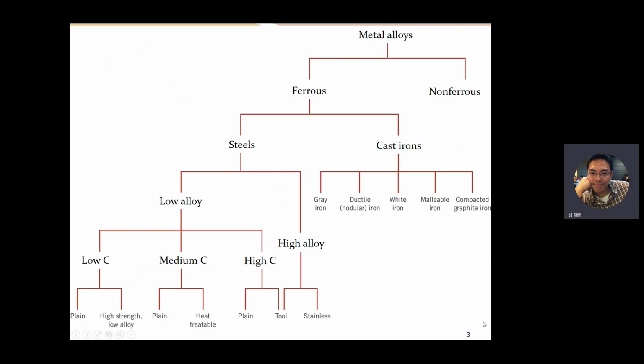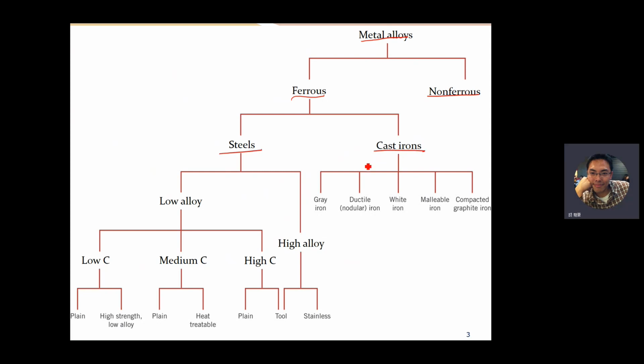So let's look at this chart. It shows the categories of metals and alloys. In the big picture, metals and alloys can be classified into ferrous and non-ferrous. The ferrous metals and alloys can be classified into steels and cast iron.